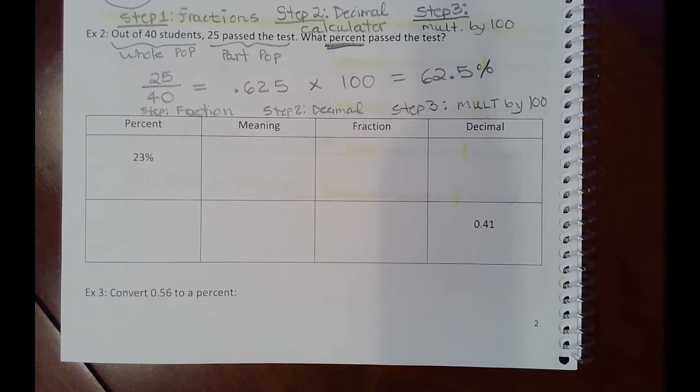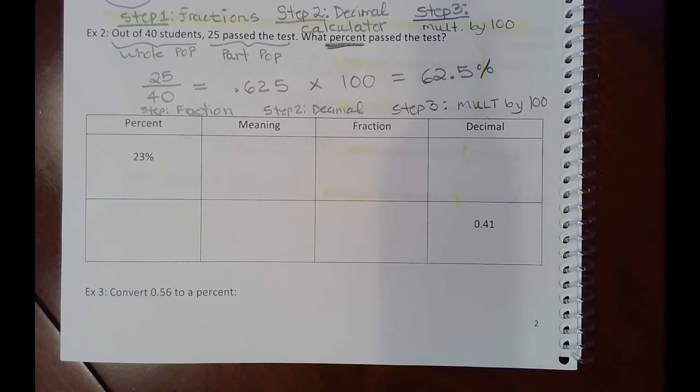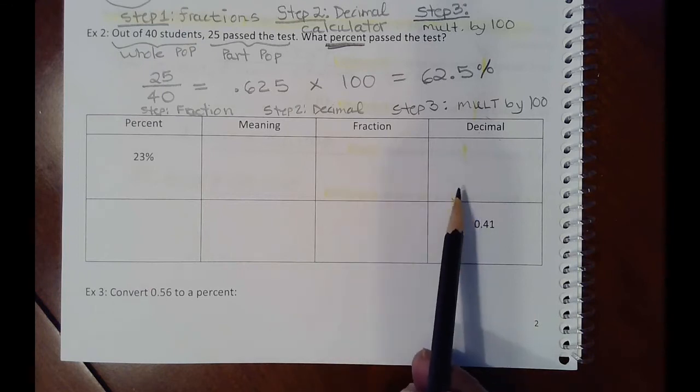Okay, then we have a table, which is a summary table, and we're going to fill that out together. First, we're going to go from a number that has already been presented to us as a percent. We're going to state the meaning, then we're going to turn it into a fraction, then we're going to turn it into a decimal.